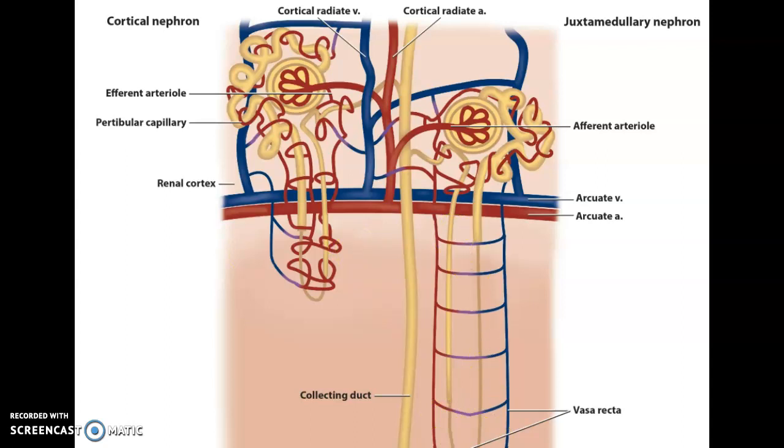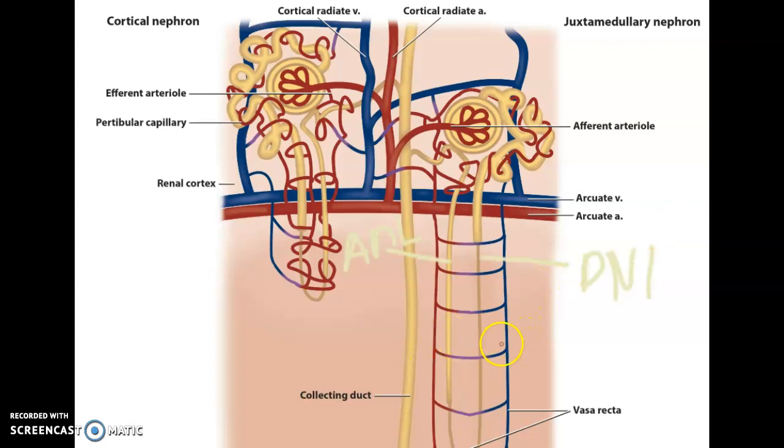And we need labels there. So this is the descending nephron loop. And this is the ascending nephron loop. Now we need the vasorecta. I'd actually like it to be labeled descending and ascending, and this is going to be the opposite.